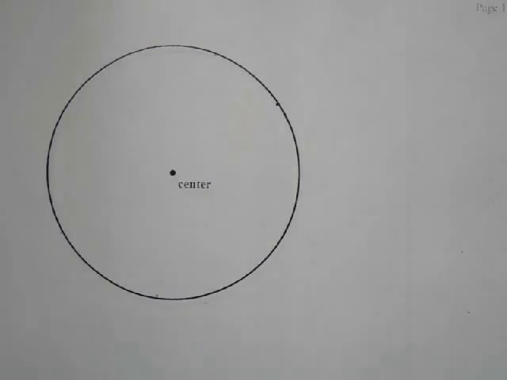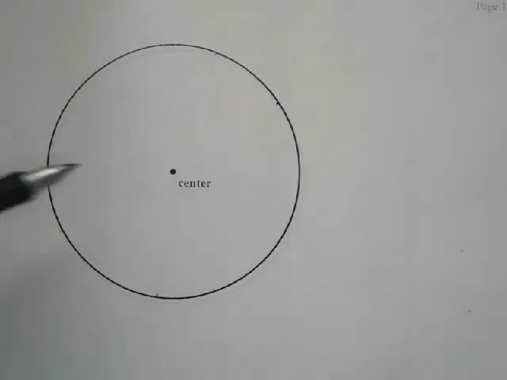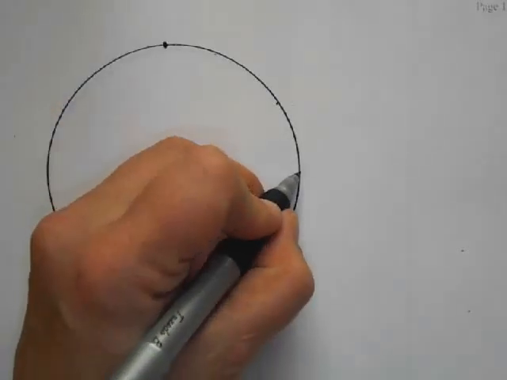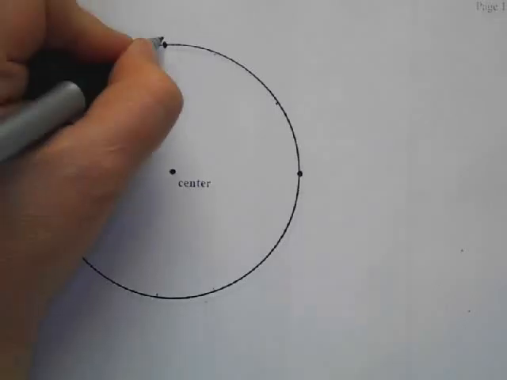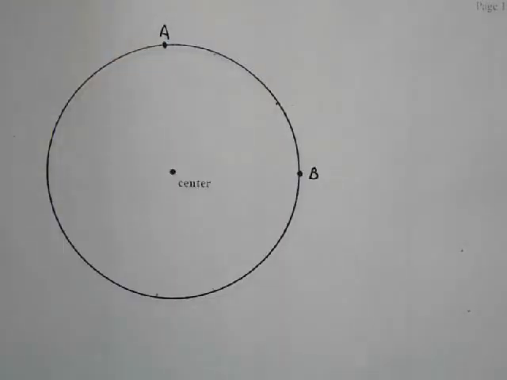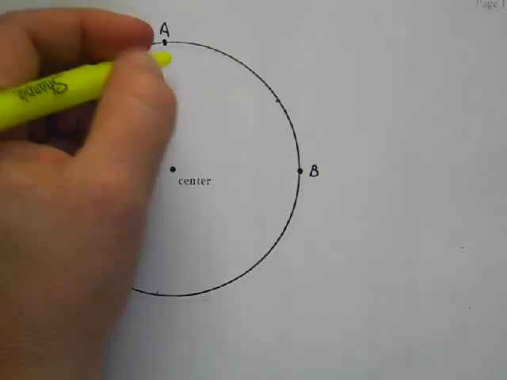Now let's talk about some angles and arcs. So when you look at a circle, an arc can be represented by 2 points, and an arc is part of the circumference. So if I put points A, B here, and I'm going to highlight along the circumference of the circle.